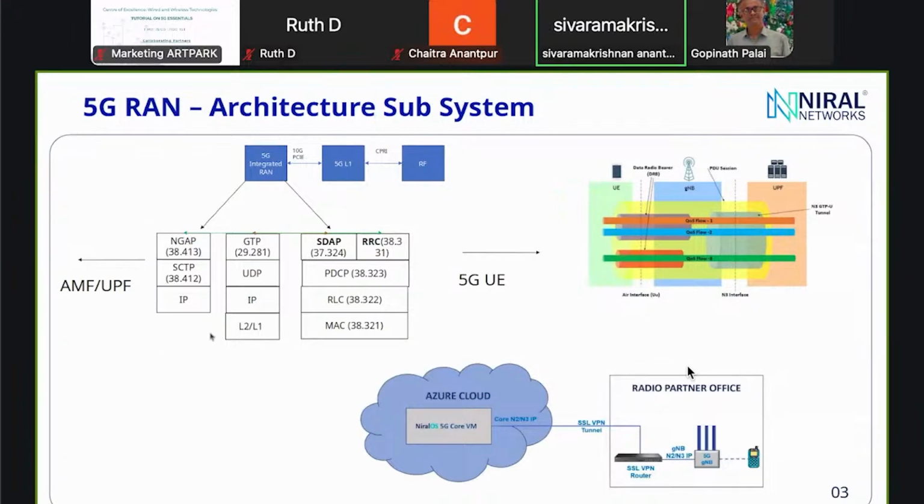If we look at the stack at the extreme left, which tells NGAP, SCTP, IP, so this caters to the N2 level protocol where all the flow initiation happens through this protocol. So if we take a control packet, that might have an NGAP header, and then it has a PDU within that.